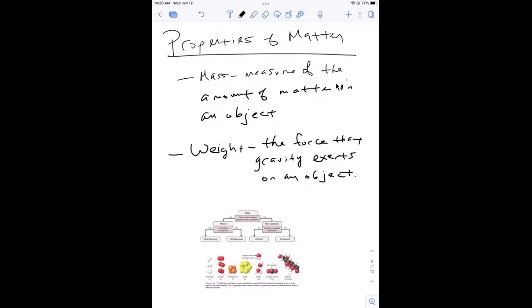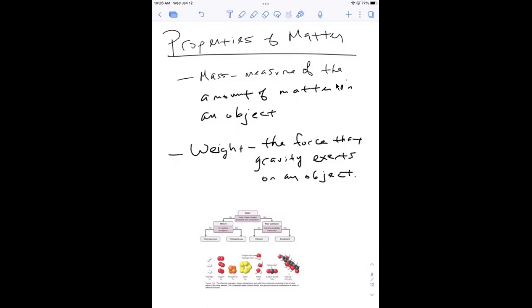I think the gravitational pull of the moon is about 1/6 that of the earth. So your weight would decrease by 1/6, but your mass wouldn't change. Mass is not dependent upon gravity, but your weight can fluctuate depending on what the force of gravity is where you are.